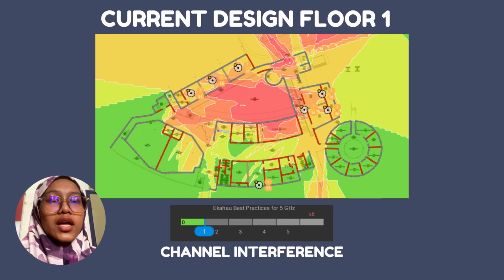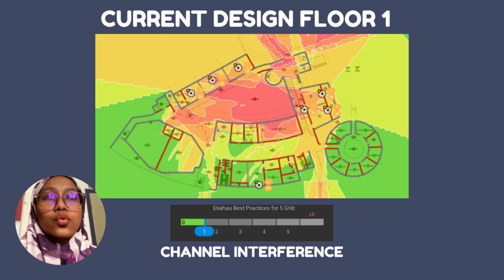So all 7 access points are on the exact same channel, each labeled on every icon. It is because they are arranged in a ring around the central courtyard. Their coverage all overlap right in the middle. You see there are deep red and pink. That shows the worst co-channel interference on the floor.